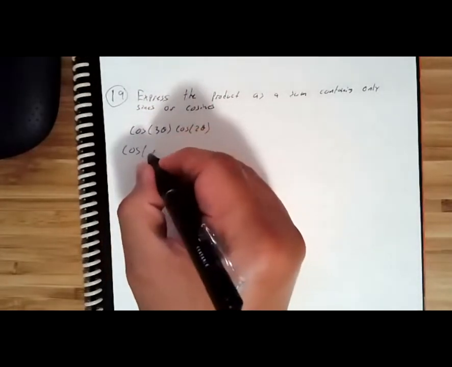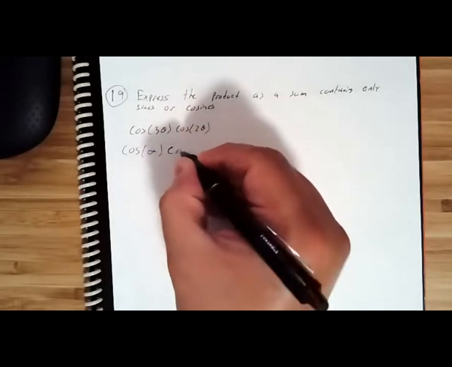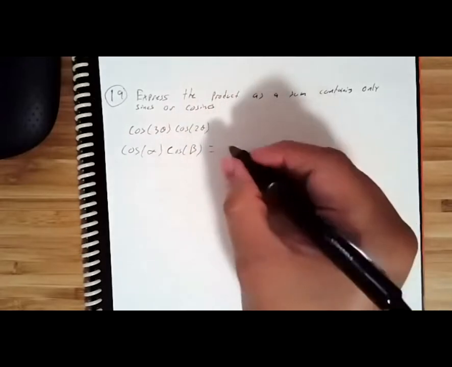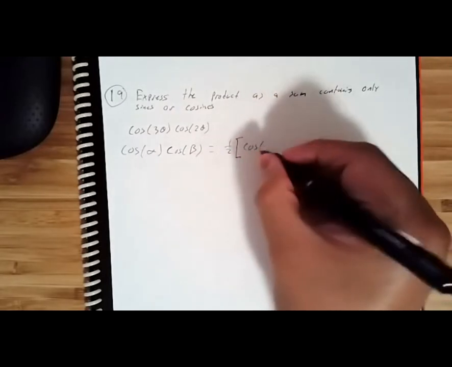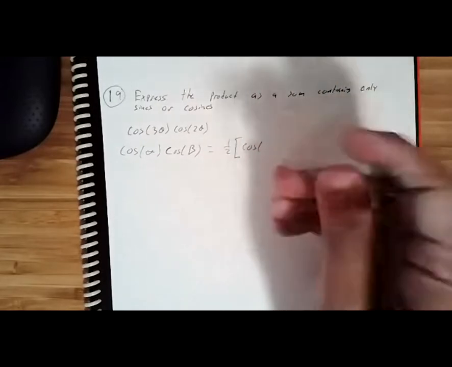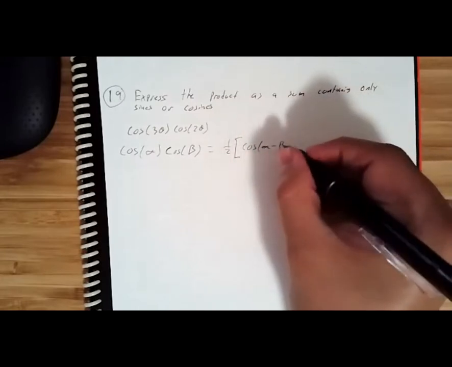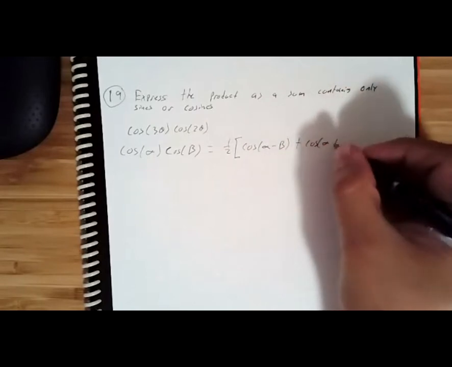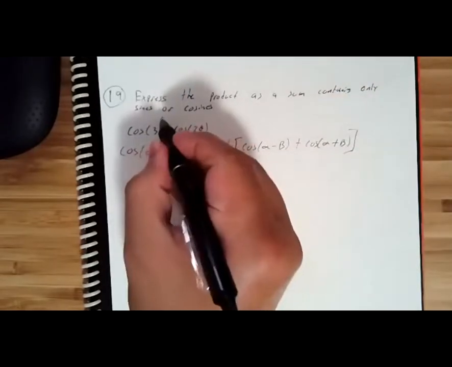We had cosine alpha cosine beta, which is equal to 1/2 times cosine of alpha minus beta plus cosine of alpha plus beta. So this is my alpha and beta.